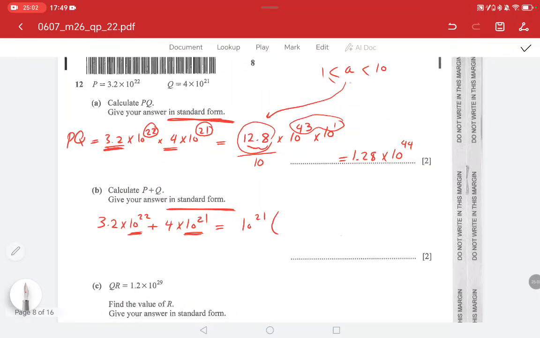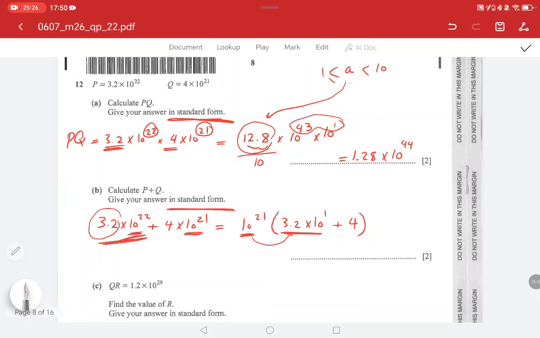So if you take this one outside, what will remain inside? 3.2 times 10 to the power of 1 will remain, and on the other side only 4. Double check. If you take 10 to the power of 21 times this one, it will give you 3.2 times 10 to the power of 22, which is this one.